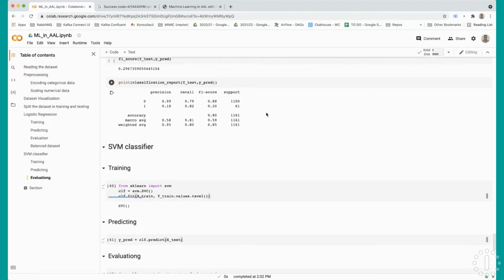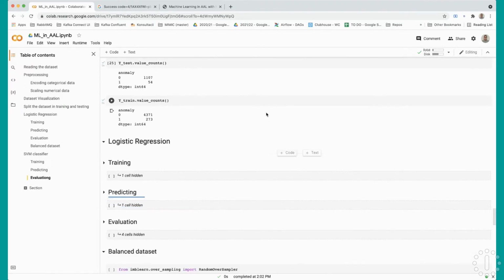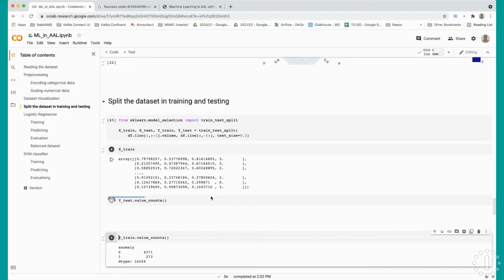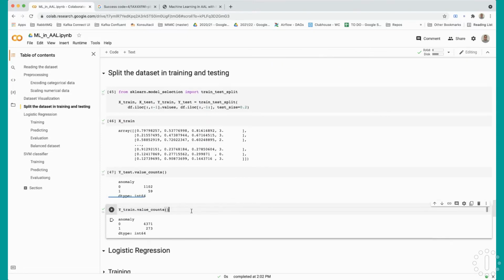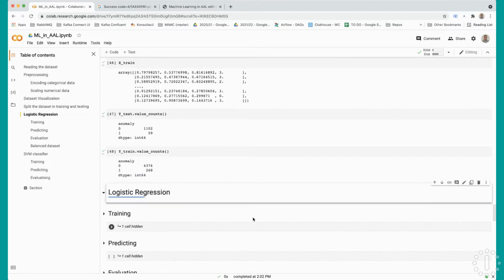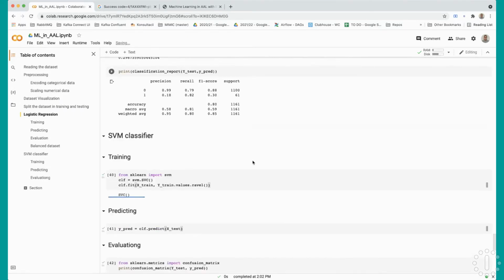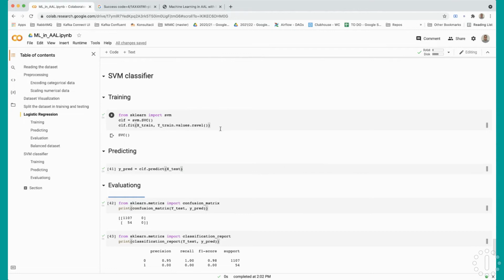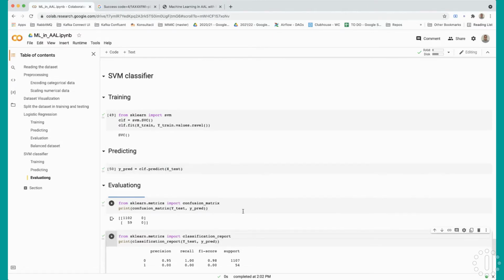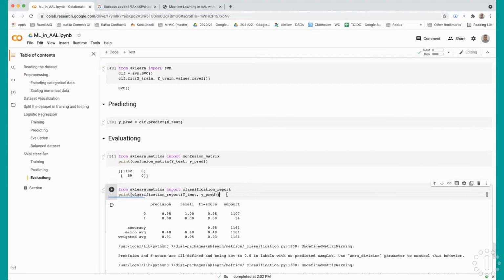Let's try again to split the dataset differently and see what happens. X train, y train, y predicted. Pretty much still the same results.